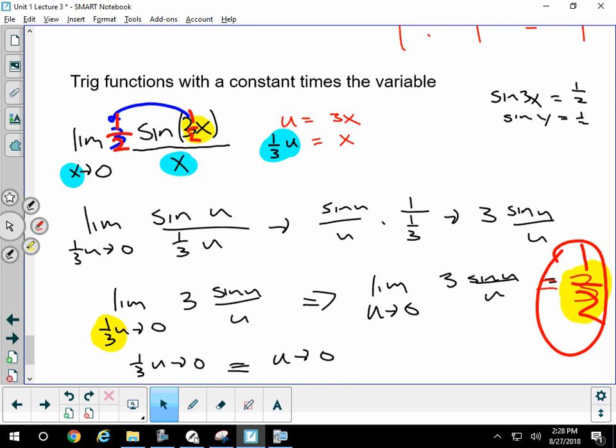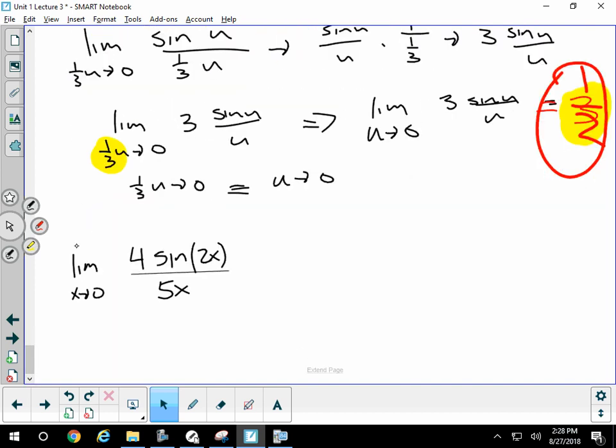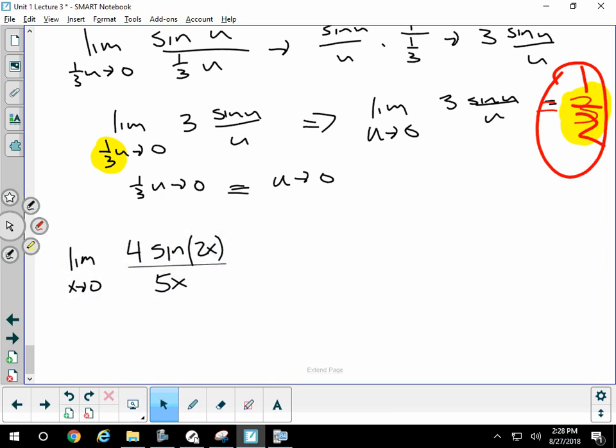So you could probably guess what the answer is to this one. Discuss with your neighbors what you think the answer to this one is. Take a guess. I think you're wrong. Well, this is a 4 over a 5.